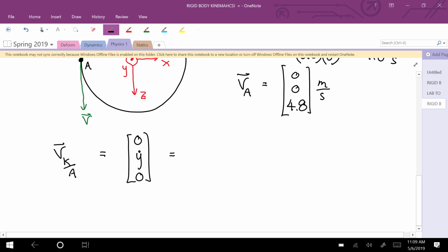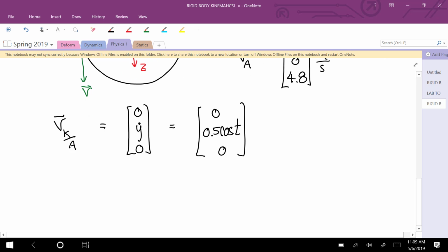And so that's equal to 0, 0.5 cosine t, 0. And so the velocity vector of the kid relative to the ground is equal to 0.5 cosine of t, 4.8.